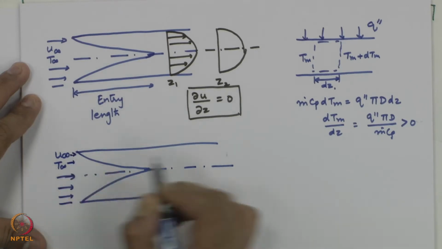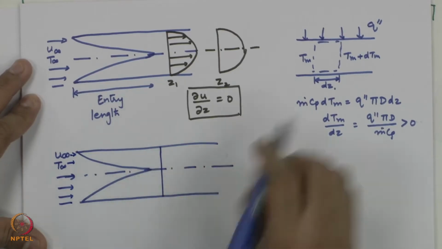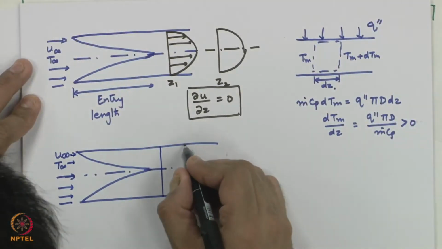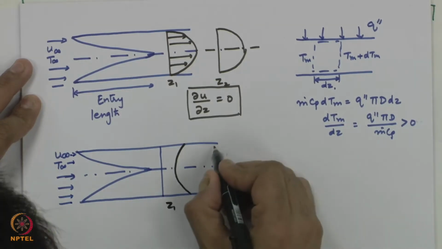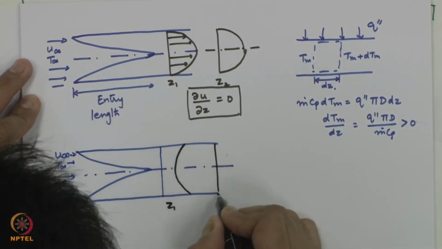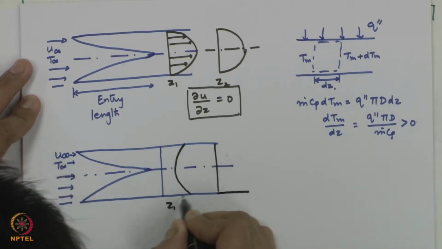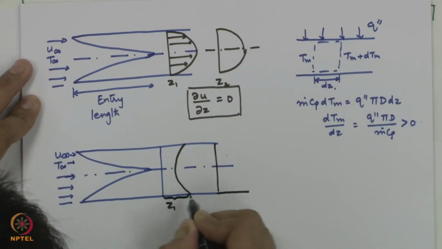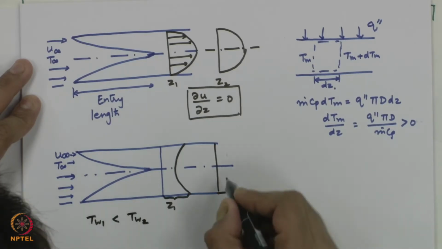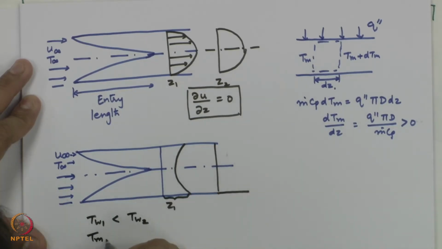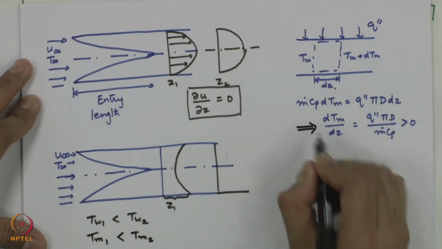I am not drawing all the arrows. If we have a temperature profile at Z1, the temperature profile at Z2 would be bigger. That means this wall temperature Tw1 will be less than Tw2 at the Z2 location. T bulk mean at Z1 would be less than T bulk mean at Z2 given this condition.